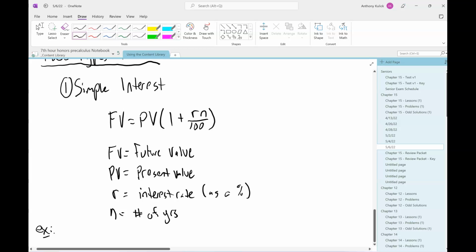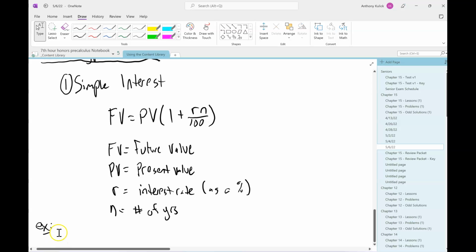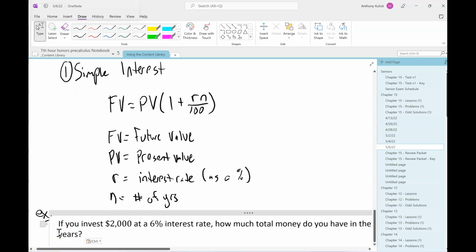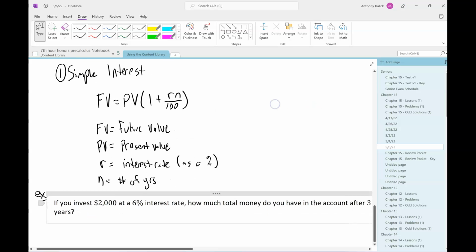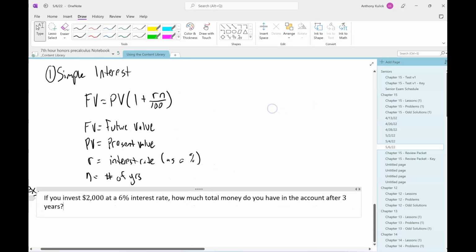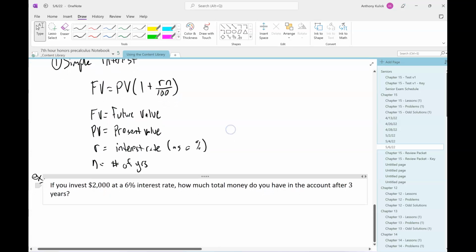So our simple interest formula, FV is equal to PV times 1 plus RN over 100, where FV is the future value. So if you make some investment, that's the value of that investment in the future. PV is the present value. That's going to be the amount of money you initially invested. R is the interest rate expressed as a percentage. And then N is the length of your investment, so the number of years.